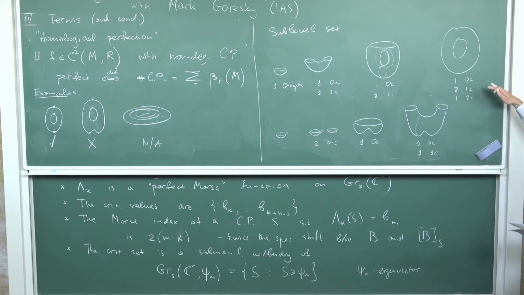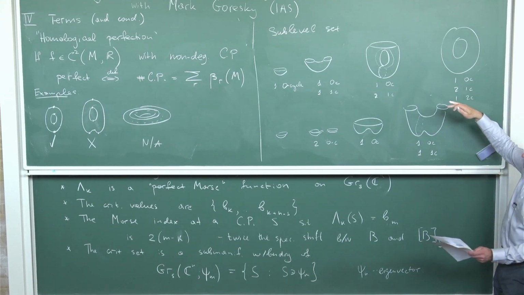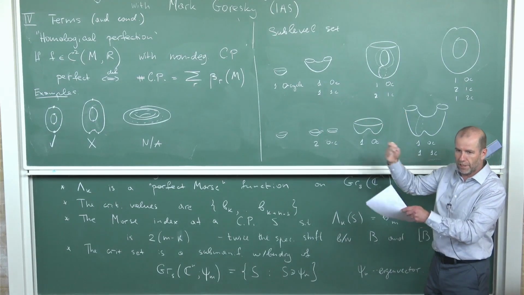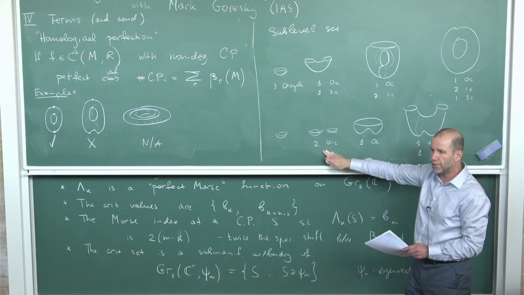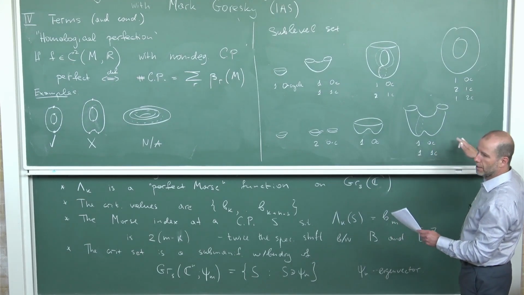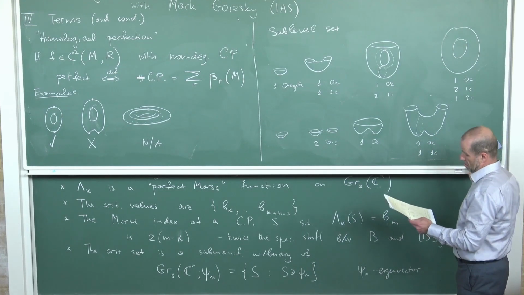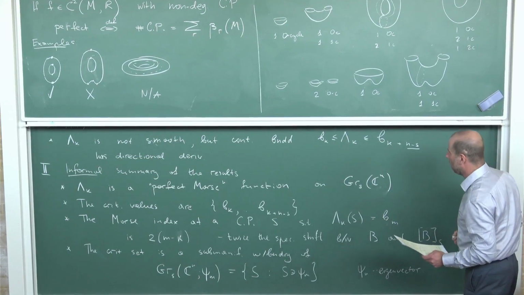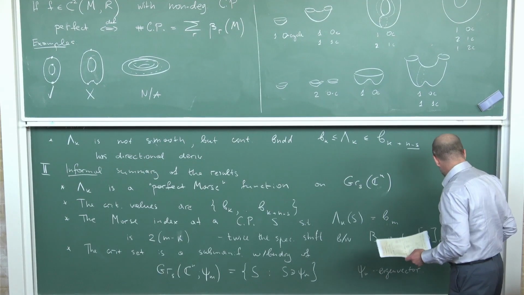So what's the difference between these pictures, or these processes? The difference is that here we were only adding cycles, and here at some point we added too much, and at the next point we destroyed it and then added other stuff. Well, this is basically the definition of homological perfection.